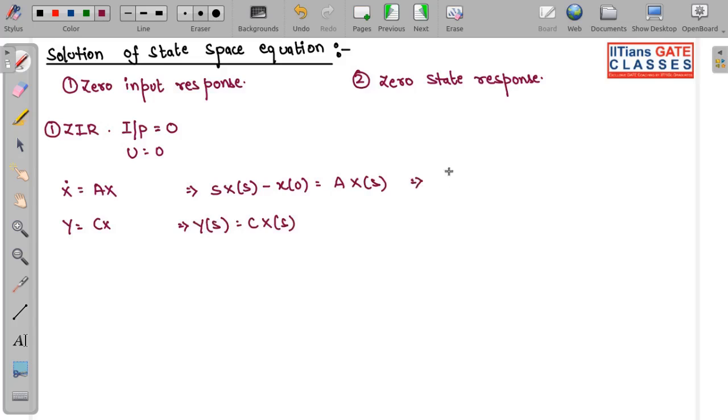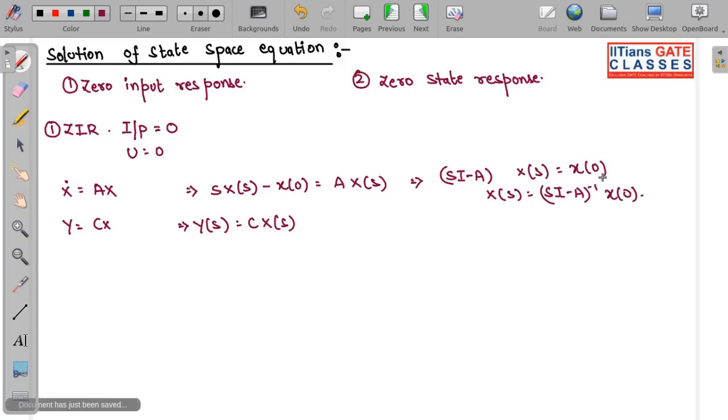So if you solve this, (sI - A)X(s) = x(0). So X(s) = (sI - A)^-1 x(0). This is known as your state equation. At the moment I am not writing Y(s), it is not required.